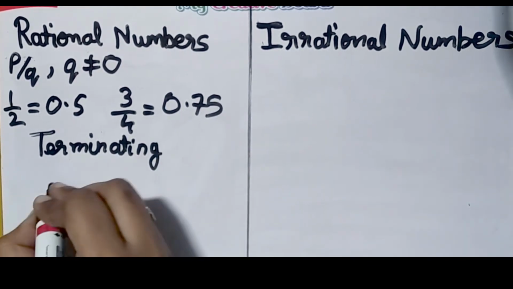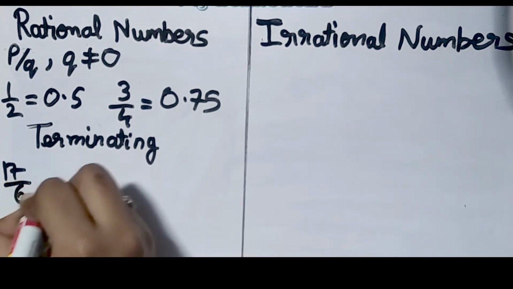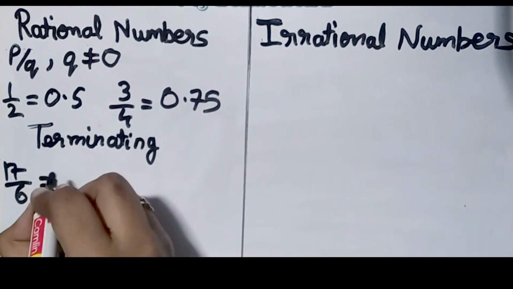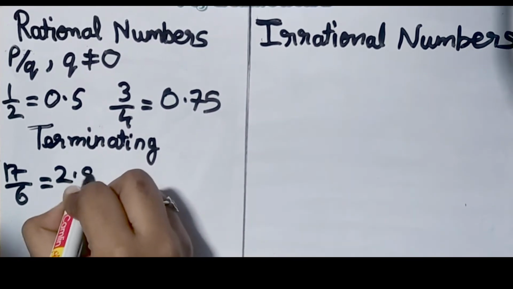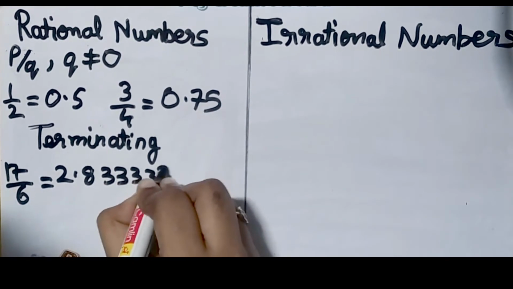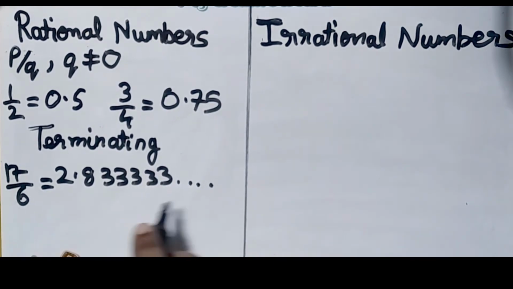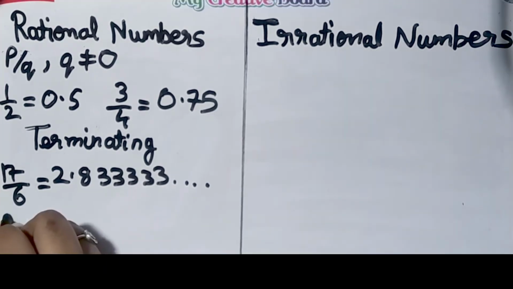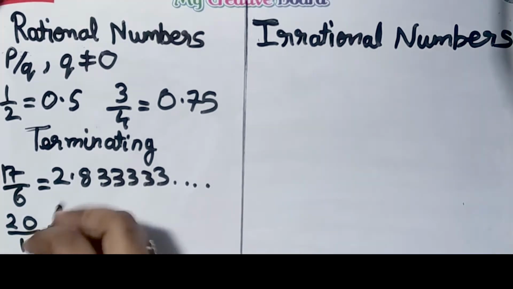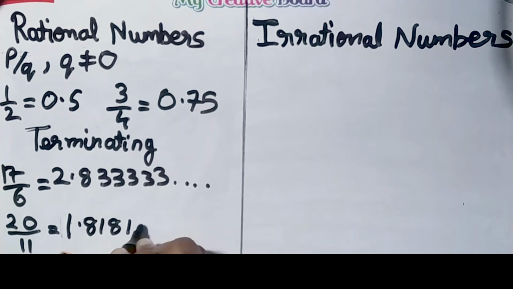Now see this number 17 upon 6. What will we get? 2.83333 and so on, it will continue. It will not stop. The number 3 will appear again and again. One more example, 20 upon 11. If we divide, you will get 1.818181.